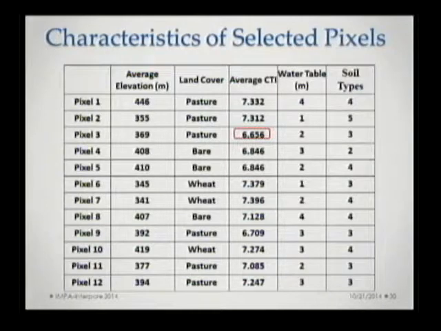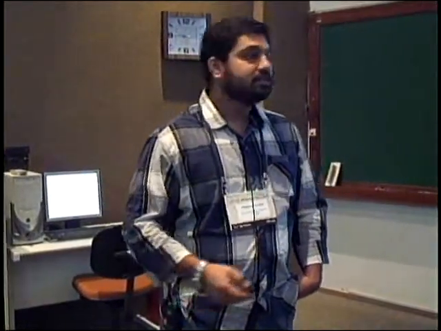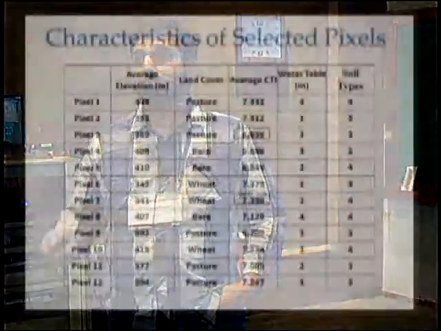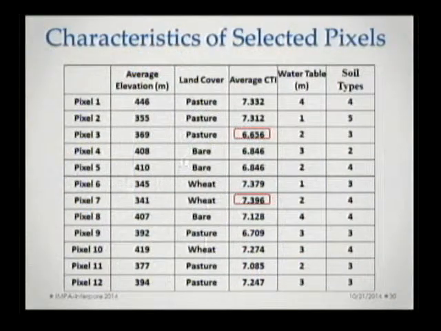The CTI is a compound topographic index, and it gives you an idea about how complex or simple the topography is. So the lower the number, the more complex the topography. So it has a lot more variations within your domain. And the higher the number, it is simpler, and maybe it's just monotonically reducing topography.